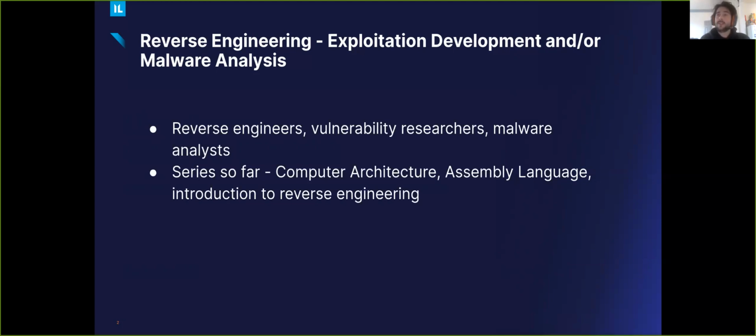But so far in the series, we have a bunch of labs on computer architecture. That's an introduction to Windows internals, Linux internals, what a portable executable looks like, an ELF executable. We also have assembly language, so you'll actually be writing assembly for each of Windows, Linux, 32-bit and 64-bit, and then reverse engineering each of the artifacts that you create, because that gives you a good understanding of what to expect in a binary when you've actually written the binary yourself.